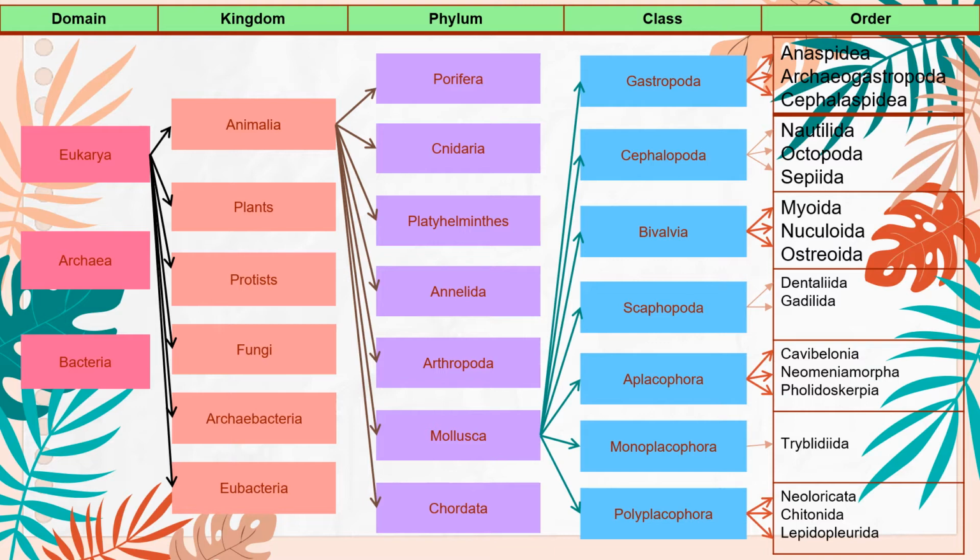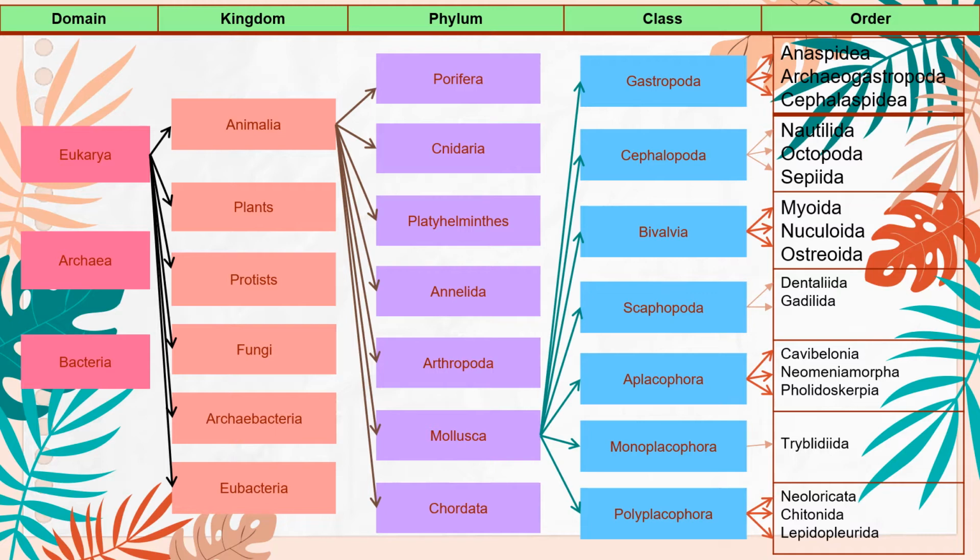The first one is Animalia, then plants, protists, fungi, archaebacteria, and eubacteria. From the Animalia, it is divided into seven phyla. The first is Porifera, Cnidaria, Platyhelminthes, Annelida, Arthropoda, Mollusca, and Chordata.